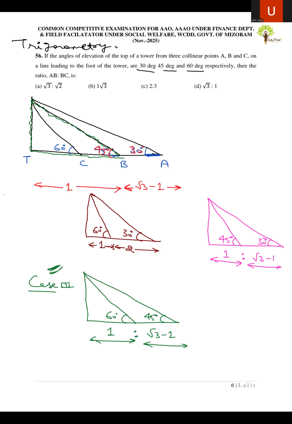If you can see this, let us say this is A, B, C, D. In this triangle, this 60 degree, and then this complete one, 60 and 30. That is this case. I'm talking about this case.